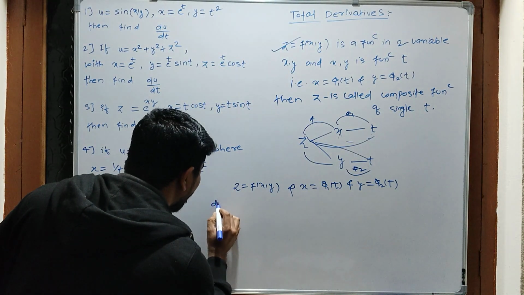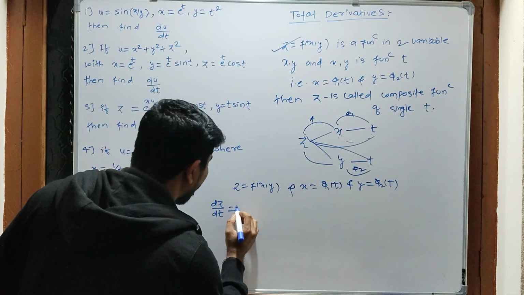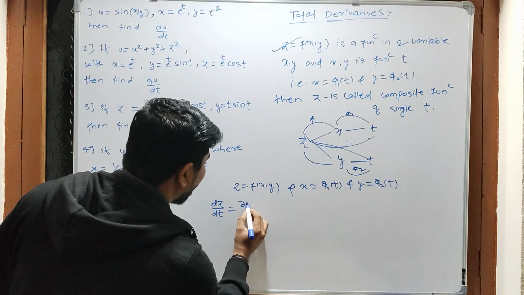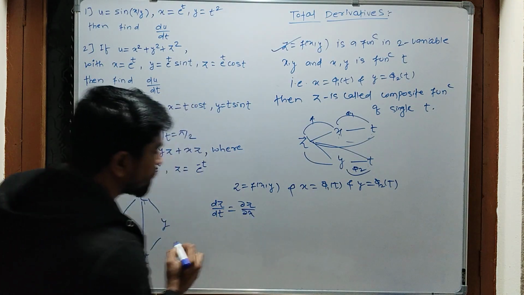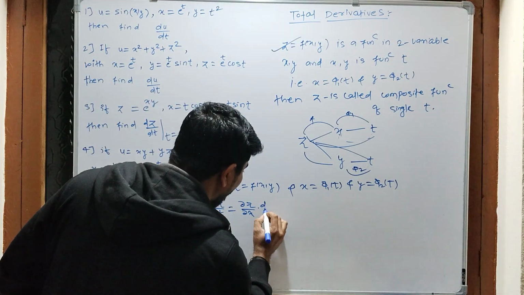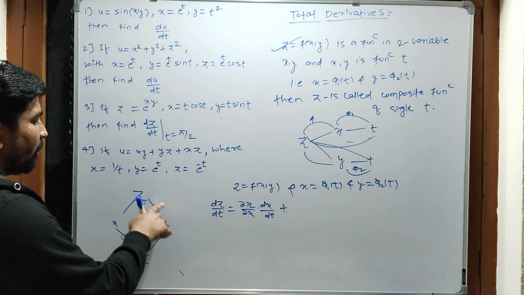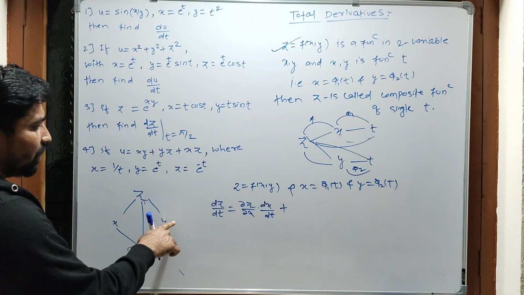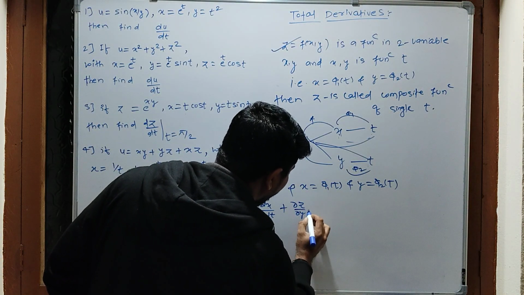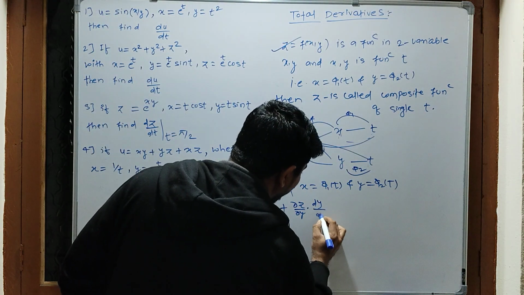Therefore dz/dt, that is the total derivative of z with respect to single variable t, is equal to: z is the function of x, y, so first take the partial derivative of z with respect to x, but x is the function of single variable t, so ∂z/∂x into dx/dt, plus z is the function of y, so ∂z/∂y into, again y is the function of t, dy/dt.